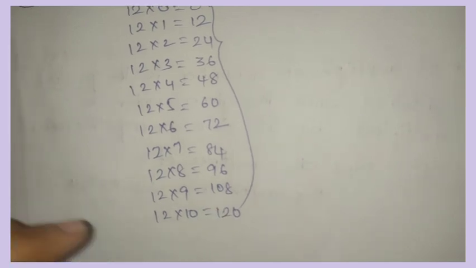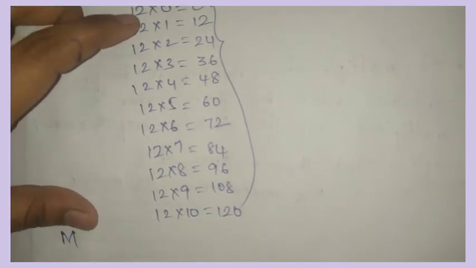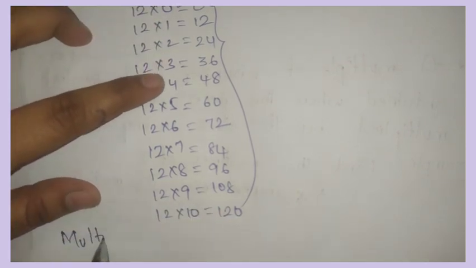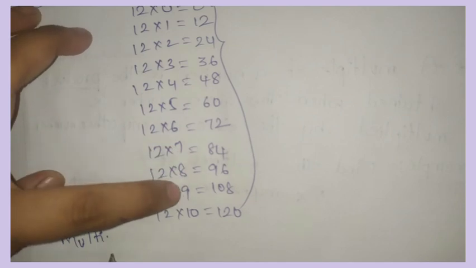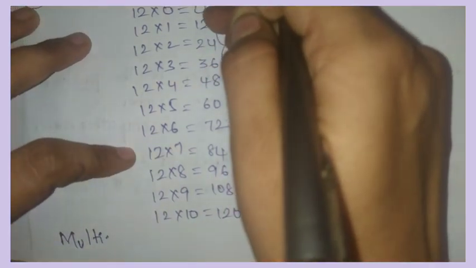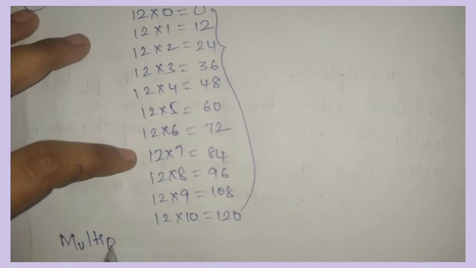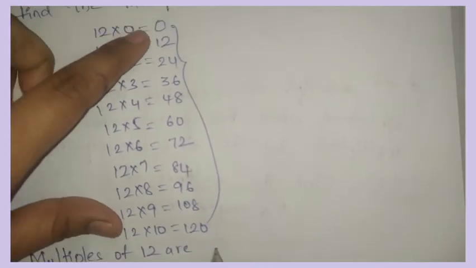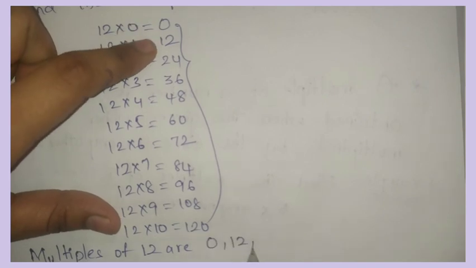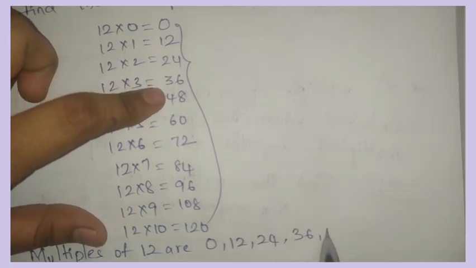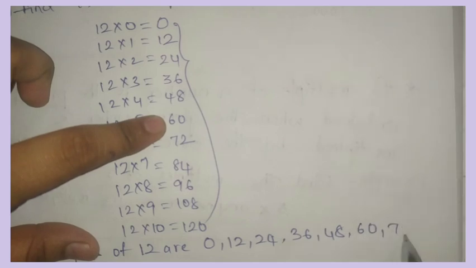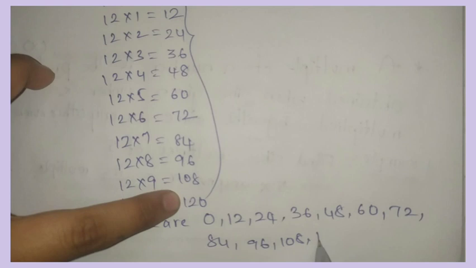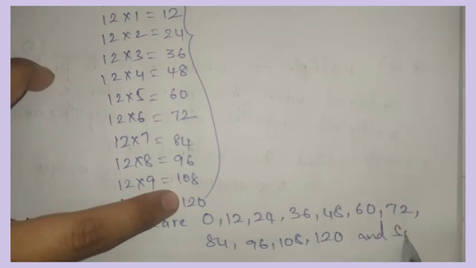So when we multiply 12 by 0, 1, 2, 3, 4, 5, 6, 7, 8, 9, 10, we get the multiples of 12. We will write here multiples of 12: 0, 12, 24, 36, 48, 60, 72, 84, 96, 108, 120 and so on.